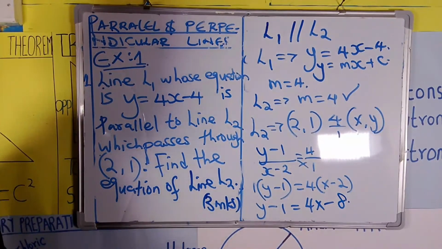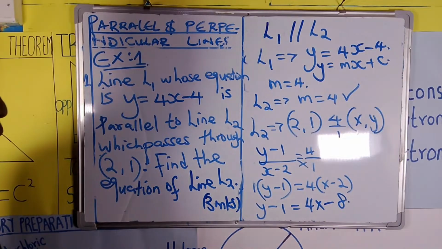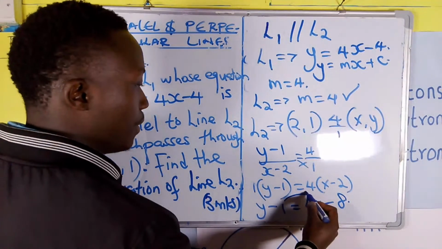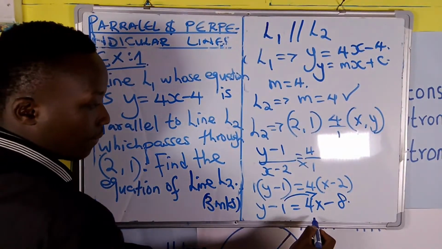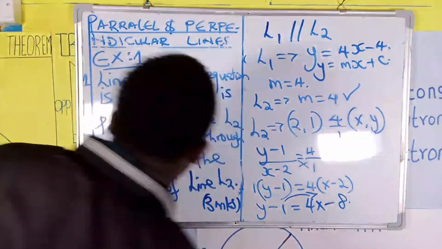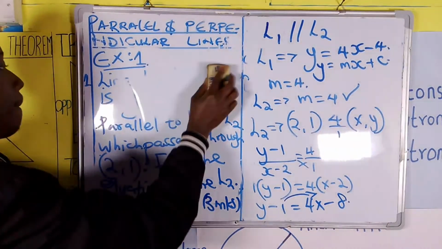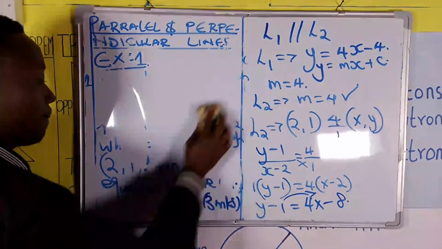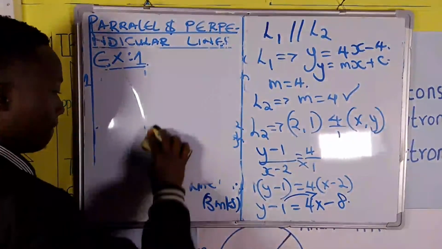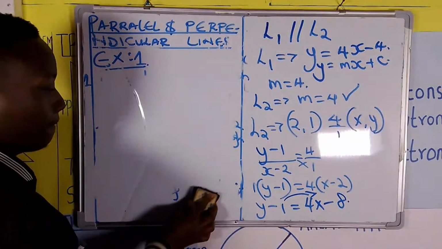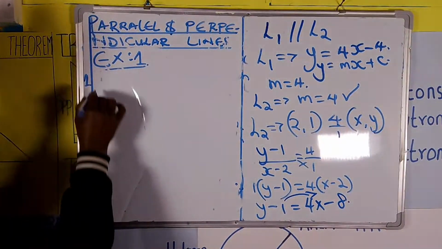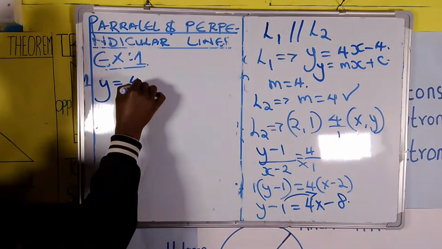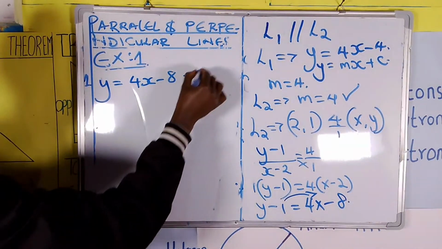So when we get that, we now need to write our answer in form of y is equal to mx plus c. So we will take this to the other side of the equal sign, and we will end up having y is equal to 4x minus 8 plus 1.